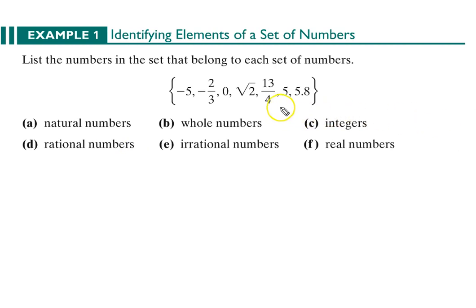For question 1 now, what are the natural numbers? Well, as we look at our list, the only natural number is 5. So natural number, you're going to put here a 5. Whole numbers, well, it would be the 0 and the 5.